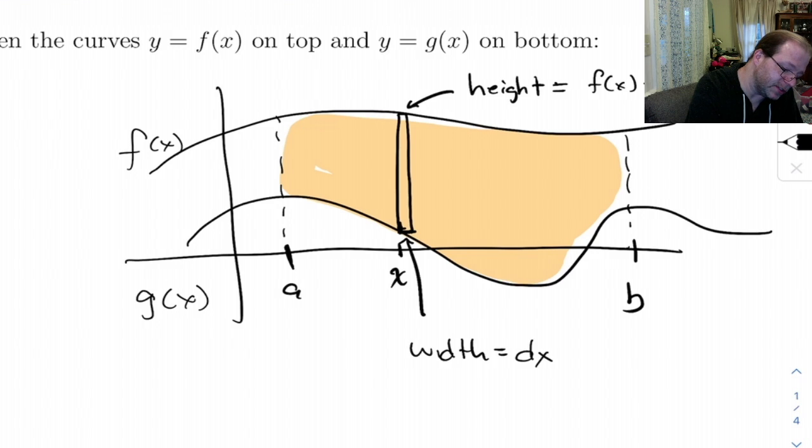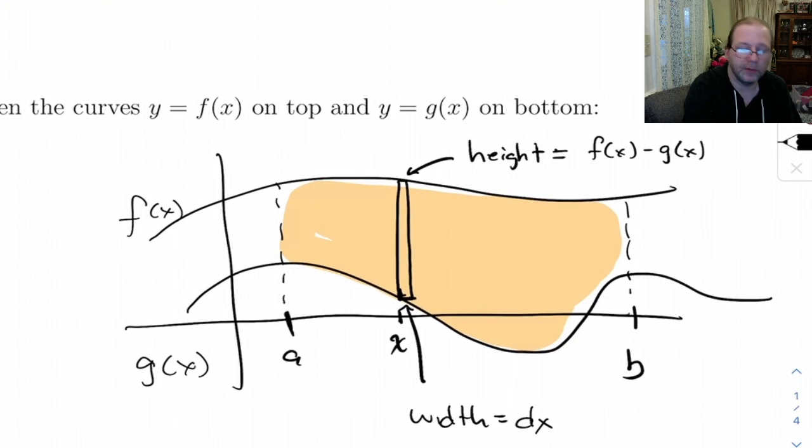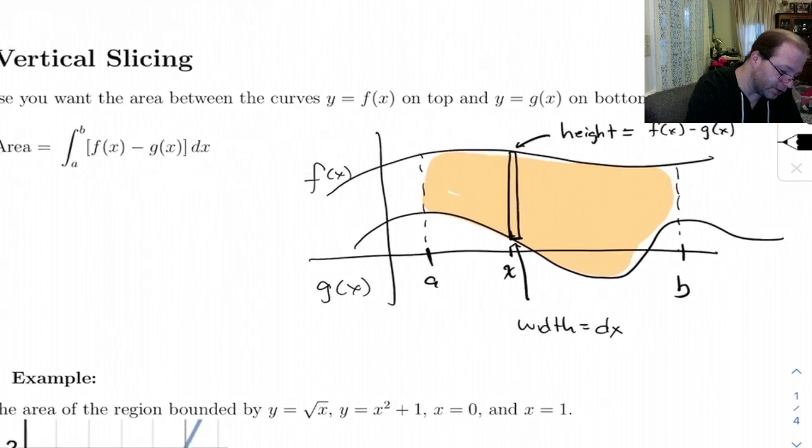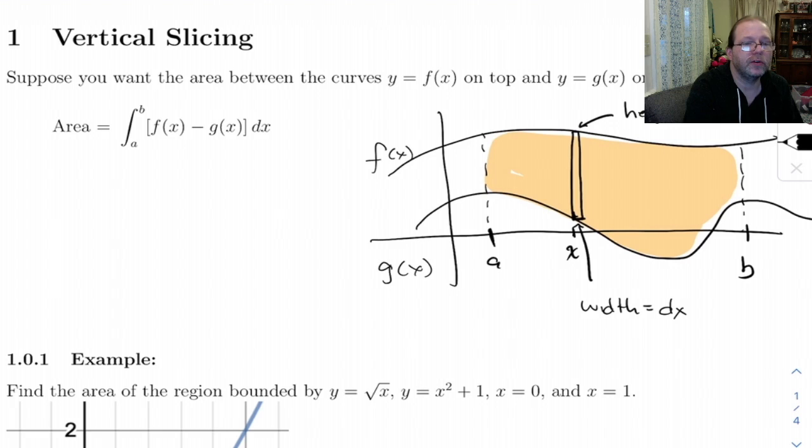So that width is dx. So if you want the area of that slice, it's just going to be the height times the width. And that's where this formula over here comes from. The area is the integral from a to b of f of x minus g of x times dx.